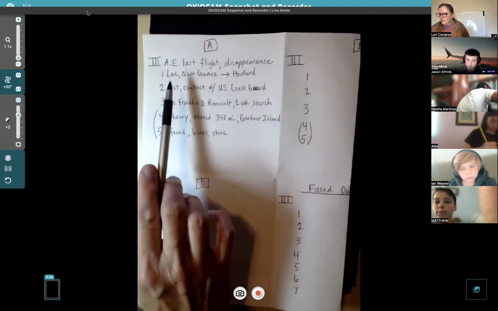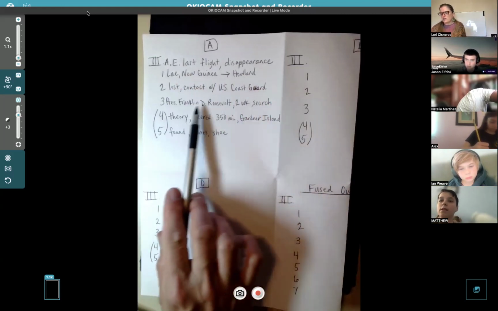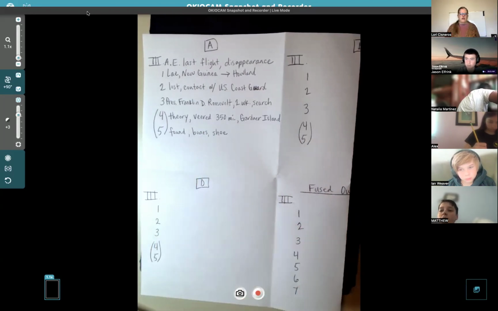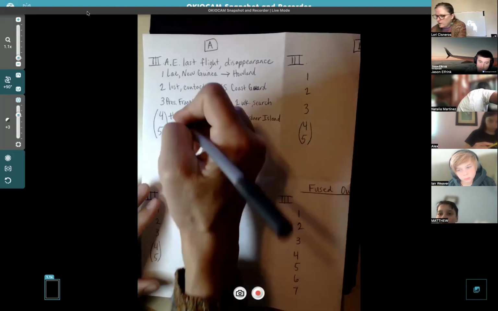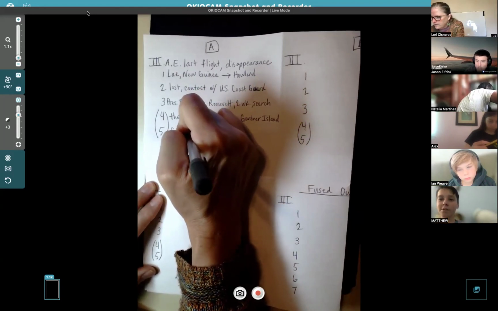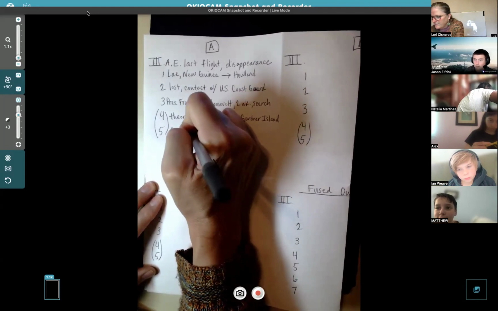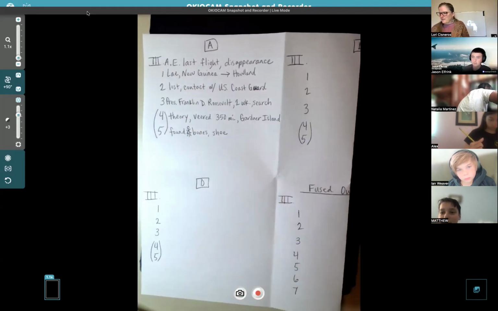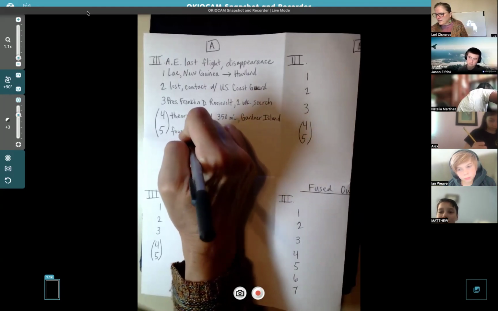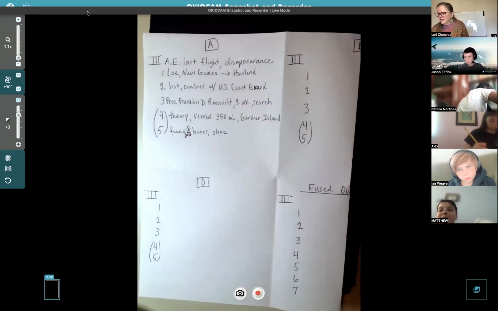So this means I've got where they were traveling, and then they lost contact, and then they did a 2-week search, and then the theory, and then why they think that theory might be true, because they found these bones, women's bones. Could draw a little stick figure with a dress on. Anyway, you get the idea.